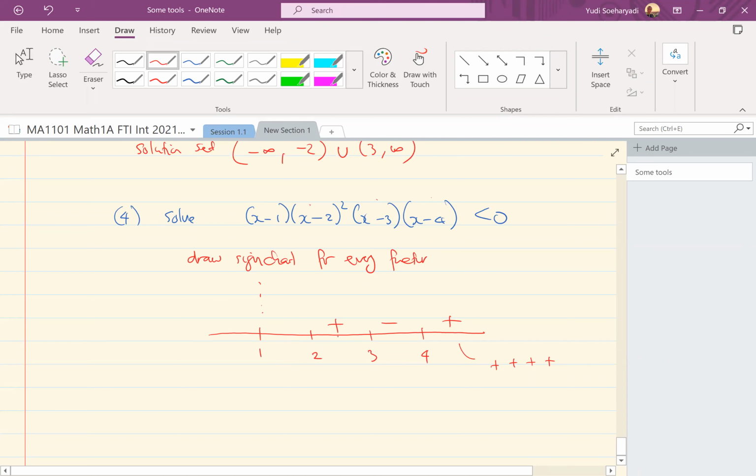Right? And between 1 and 2, negative, negative, this is positive, this is positive. So this is still positive. And here, if you check, this one is negative.